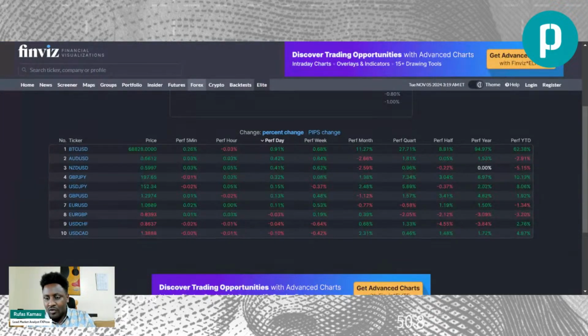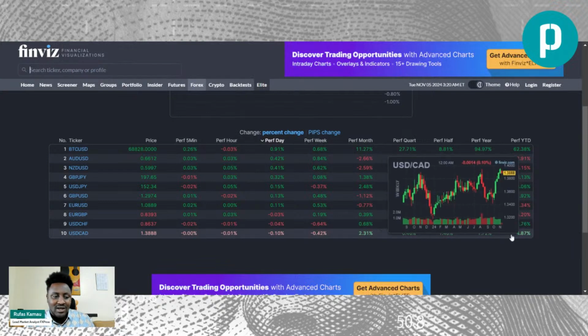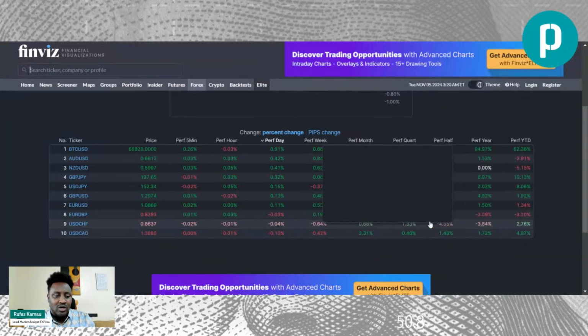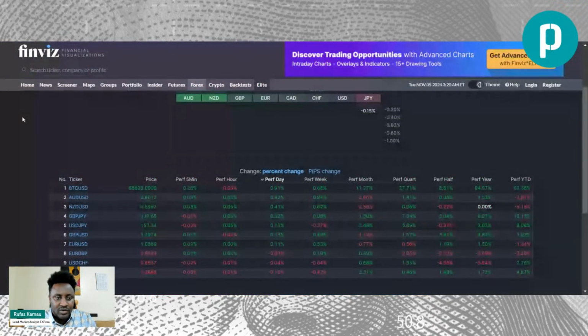Whereas the next big performance has been USD CAD, where the dollar has gained about 4.87% against the Canadian dollar, majorly because of weak oil prices, which have also weakened the Canadian dollar, in combination with 3 consecutive cuts by the Bank of Canada. So that being said, trying to see if there's anything else I missed.